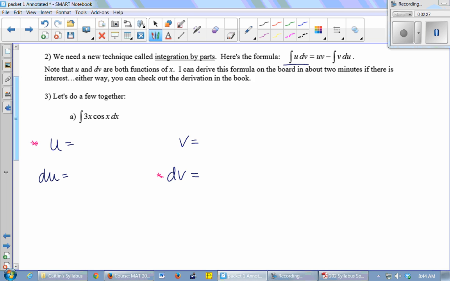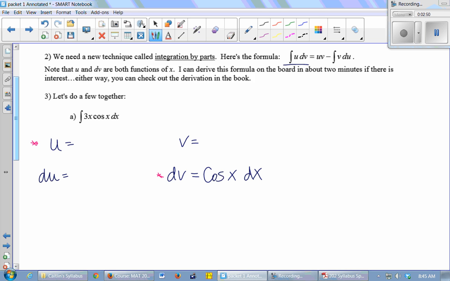So in this expression, what would you choose as your dv? Cosine x, yeah, the more complicated piece, if you can get its antiderivative. So if I choose dv to be cosine x dx, because the dx is glued to the cosine x there.